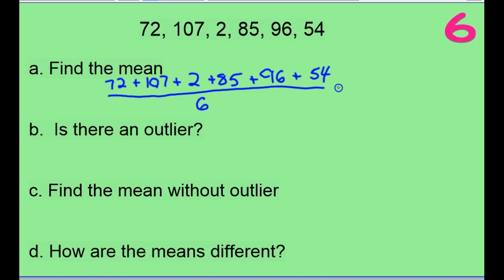So we divide by 6. So it's 416 divided by 6 gives us 69.3.